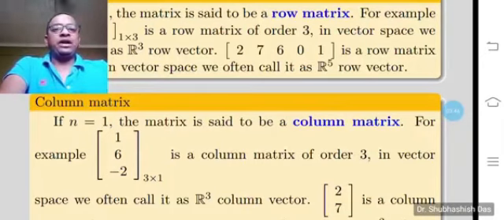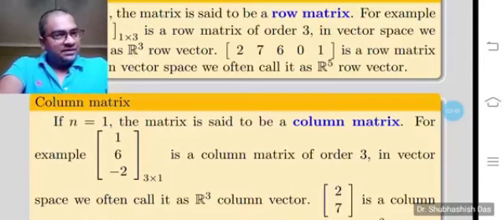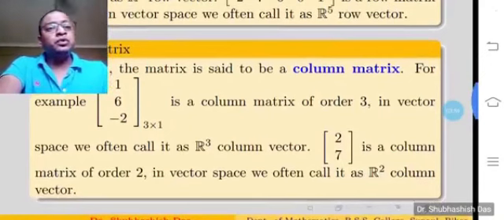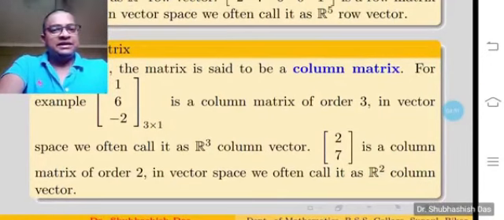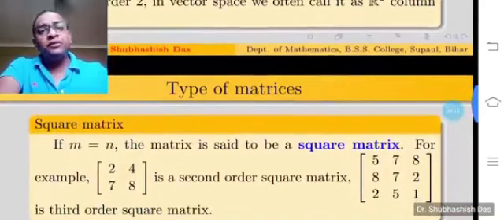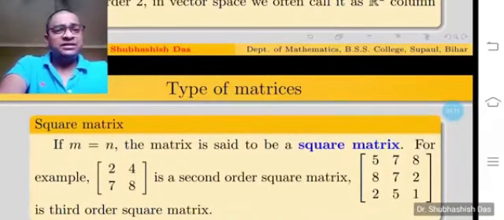For example, 1 6 minus 2 is a column matrix of order 3, and in vector space we often call it R3 column vector. 2 7 is a column matrix of order 2. In vector space we often call it R2 column vector. Square matrix: if m is equal to n, then this is called a square matrix.